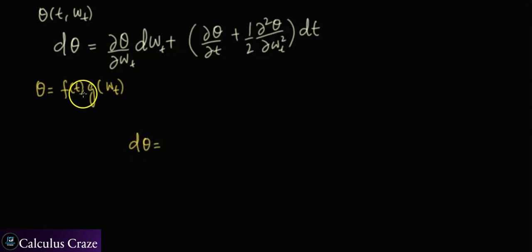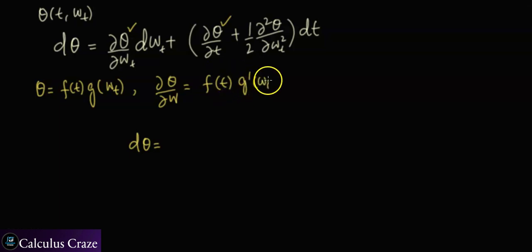So I need to compute the partial derivative of theta with respect to W, with respect to time, and the second partial derivative of theta with respect to W. The first partial derivative of theta with respect to W is going to be nothing but f of t times the derivative of g.